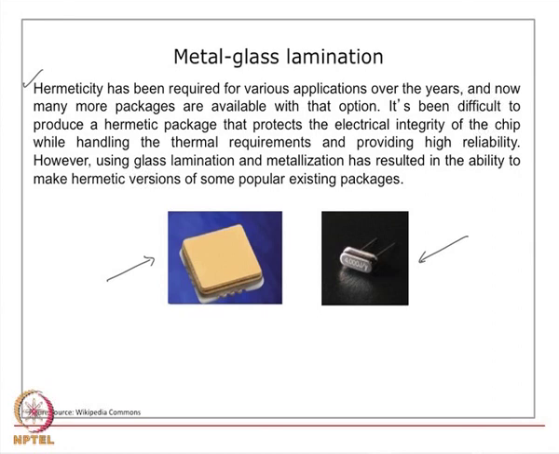Hermetic sealing means airtight sealing. That means the die and the first level interconnect are completely sealed. In the case of plastic packaging, for example, it is possible that the plastic material can absorb moisture, and therefore, your die and the first level interconnects could be exposed to some kind of moisture.